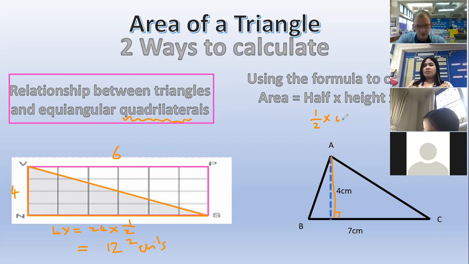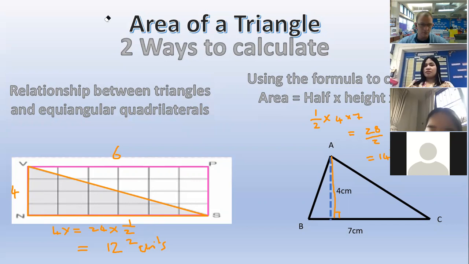So this one, in this example, is 4 times 7 equals 28 divided by 2 equals 14 square centimeters. I'm just writing a square centimeter like this just to save a little bit of time and space. So those are the two ways we calculate the area of a triangle.